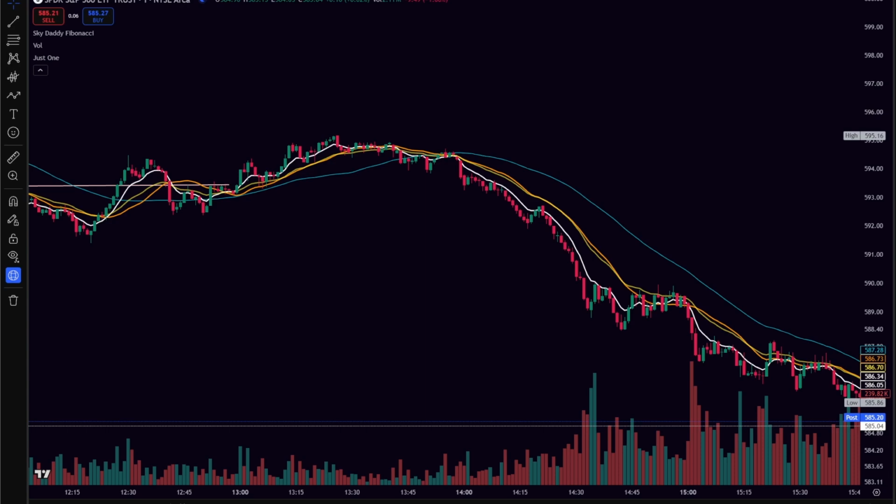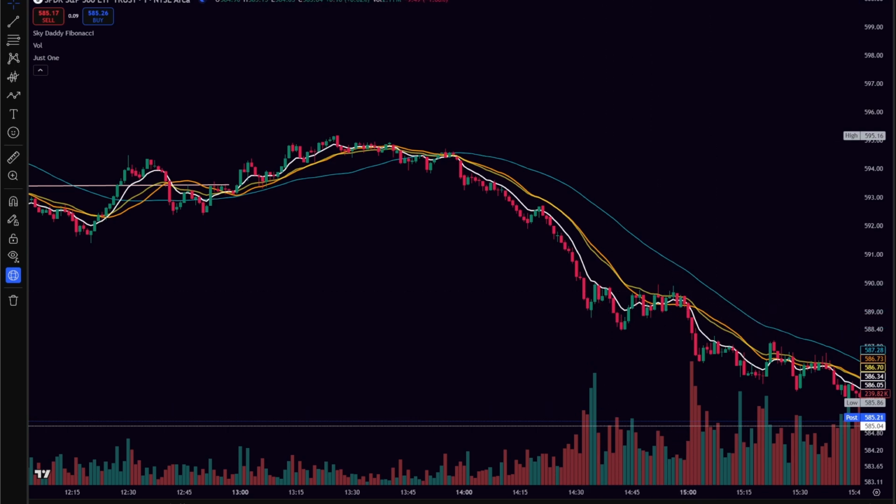For people that weren't here in the beginning, I went over the difference between a simple moving average and an exponential moving average. The simple moving average is just the average price of the last X amount of candles. So if we're using the 20 moving average, it's the straightforward average of the past 20.